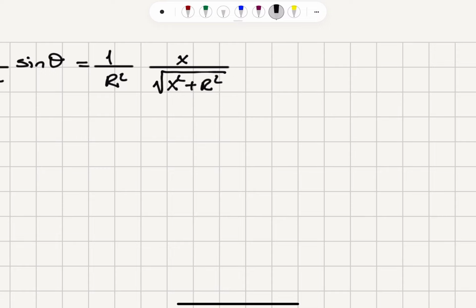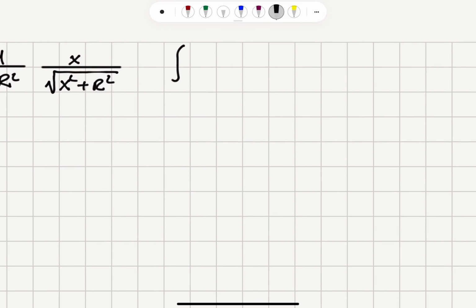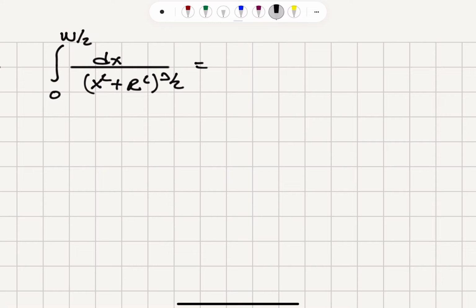So the integral from 0 to w over 2 of dx divided by (x squared plus R squared) to the power 3 over 2 is actually equal to 1 over R squared times x divided by the square root of x squared plus R squared, evaluated between 0 and w over 2.